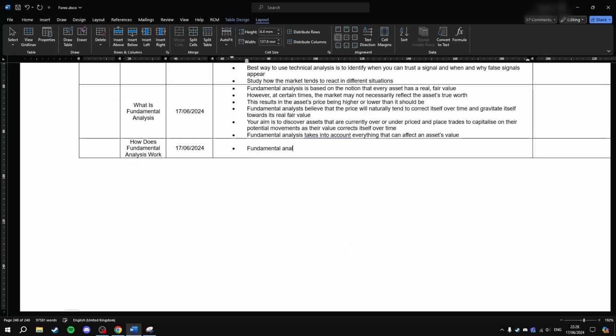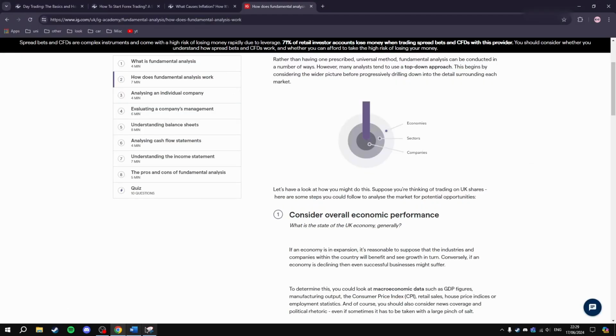Fundamental analysts use a top-down approach.